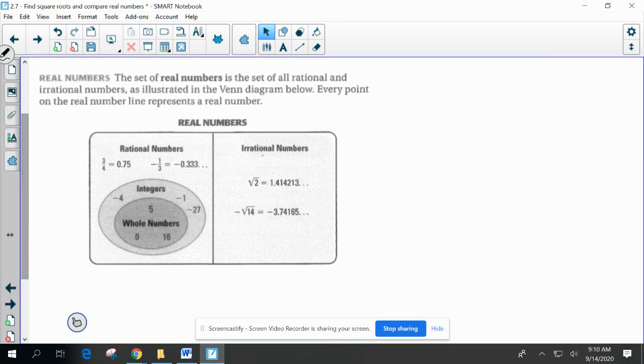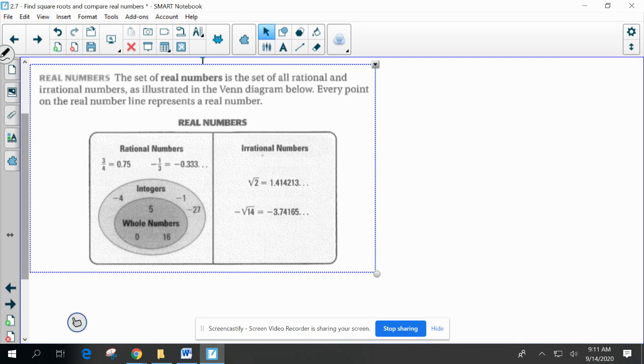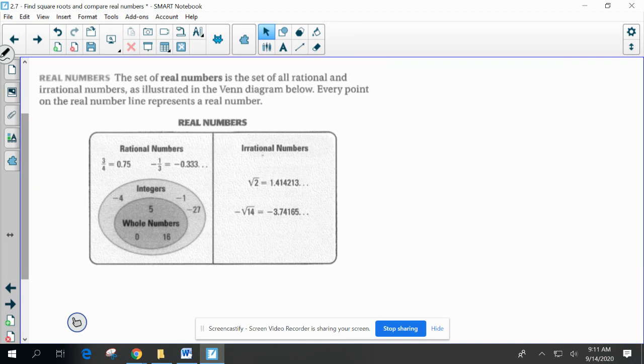So if it is a terminating decimal or repeating decimal, it's rational. But if it's irrational, if it's like never repeating or terminating, okay? So here are some examples of irrational square roots. So square root of 2 is not terminating or repeating. That would be an irrational number. And then square root of 14 would be irrational.